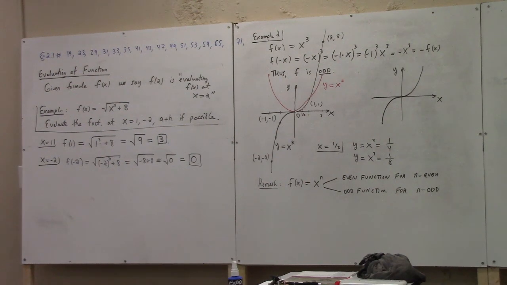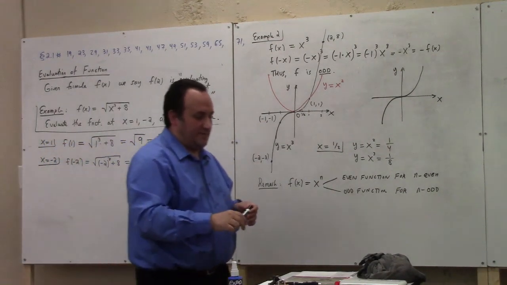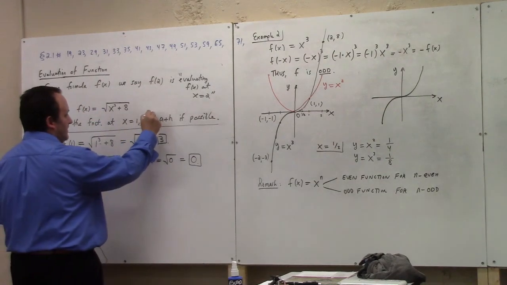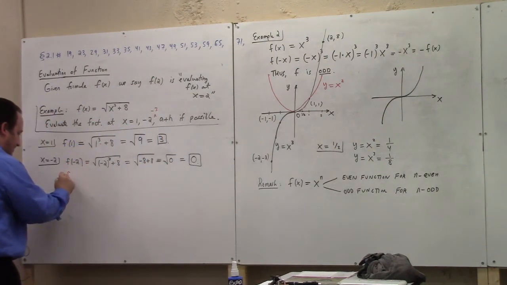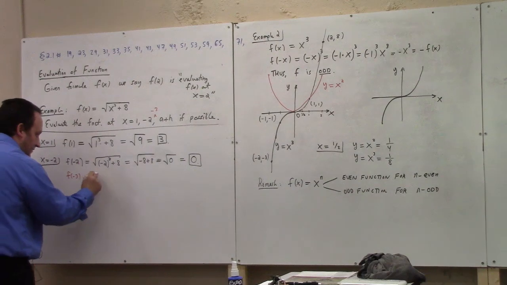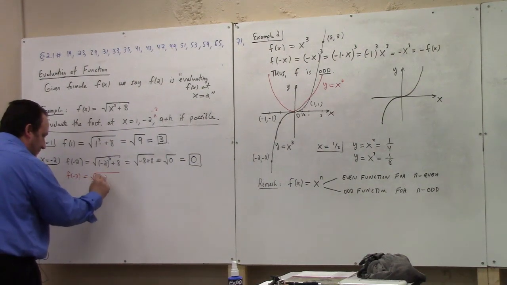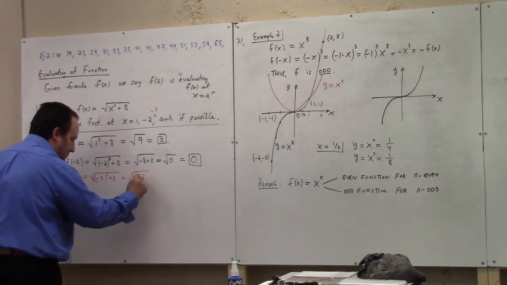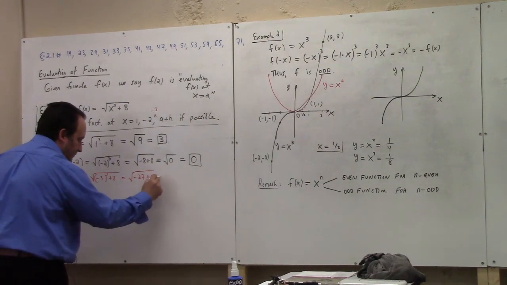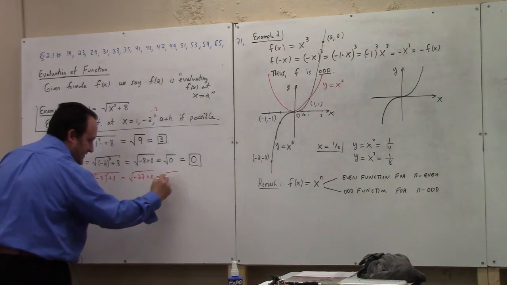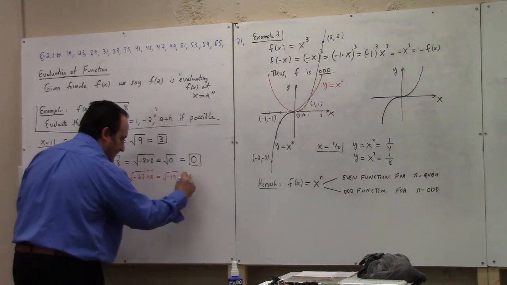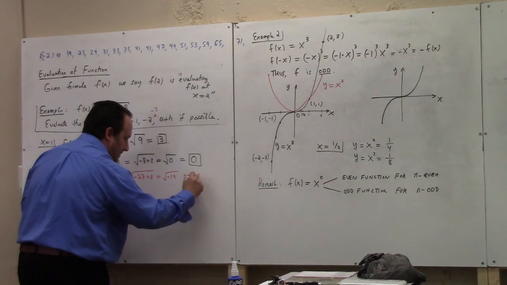What would have happened to us there? If we'd tried minus 3, what would have happened? Yeah. Square root of minus 3 cubed, right? Plus 8, which is what? Minus 27 plus 8, which would be the square root of, what, minus 19? And this is not real, right?